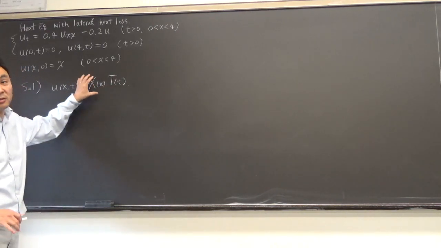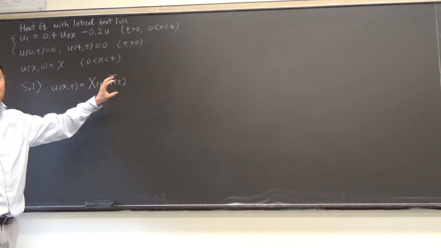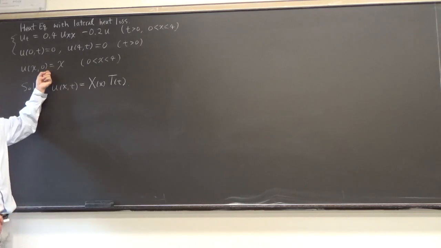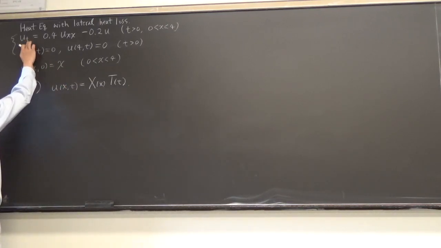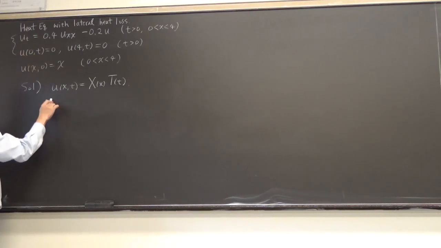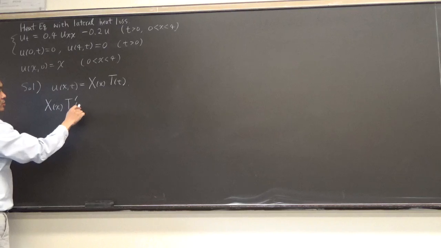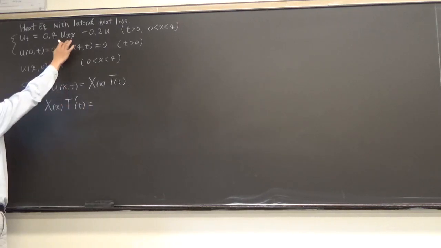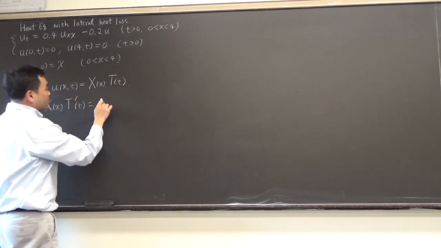And we will then later take linear combinations of all the functions, and then this will come into play after. So we plug that into the left side. Because this is differentiated by t, the left side has X(x) T'(t). Here you have two derivatives in x, so this will be differentiated twice.